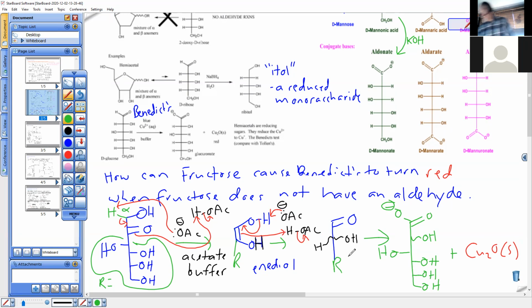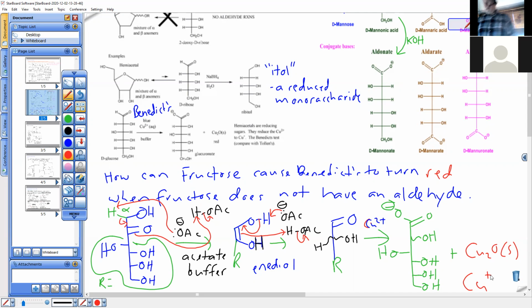You put the new H on, could be the left or the right side, doesn't matter. And we get the reaction we saw up here, where Benedict's Cu2+ starts blue and becomes Cu1+ when it's combined with oxygen as a red precipitate.